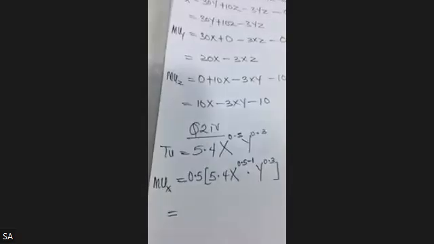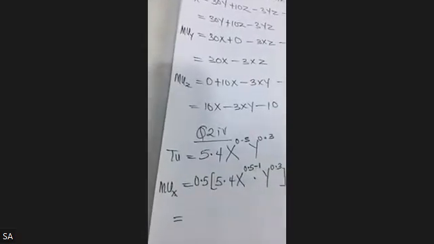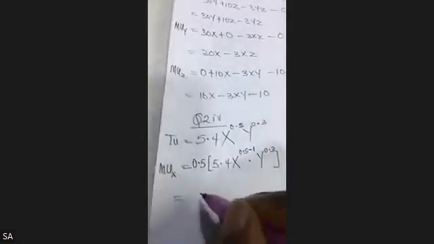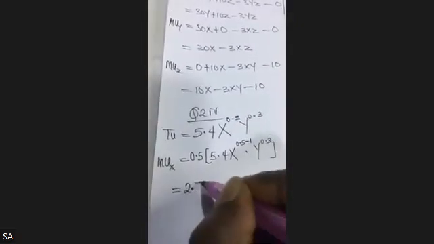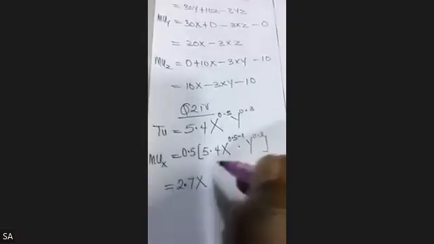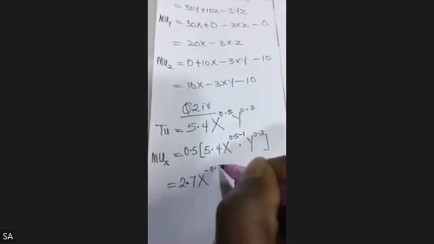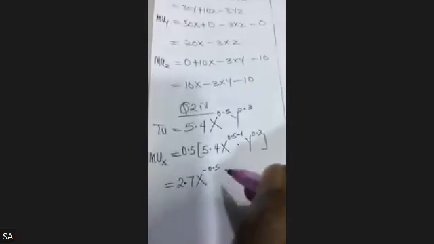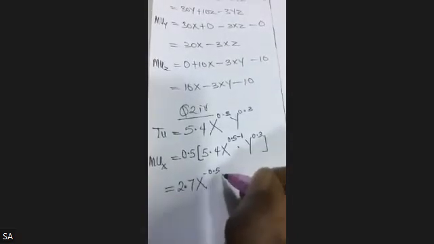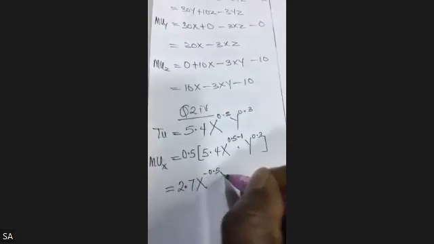So this will be 0.5 times 5.4, which gives us 2.7. So this is 2.7 x raised to minus 0.5, then y raised to 0.3.